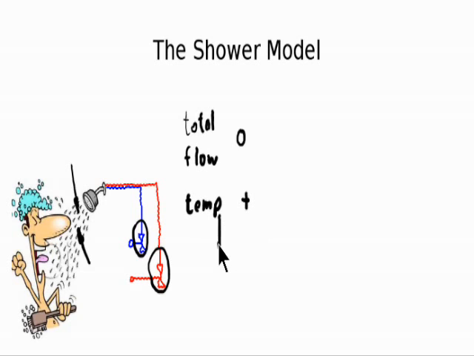He will do that by changing the hot water valve and the cold water valve simultaneously. So he will increase the hot water valve and decrease the cold water valve to give the desired response of a constant total flow and increase in temperature.